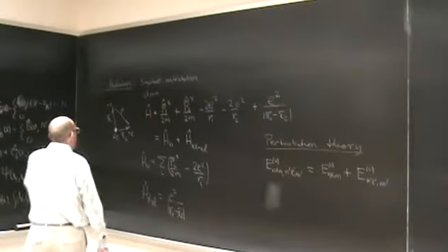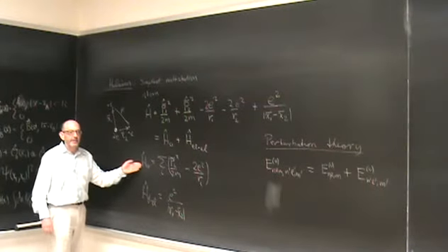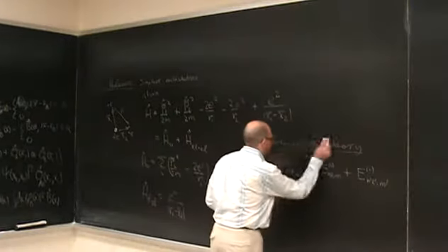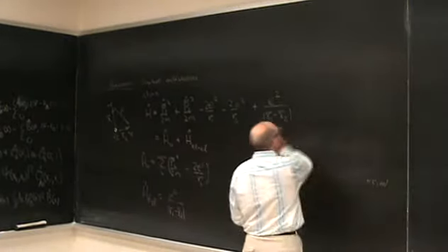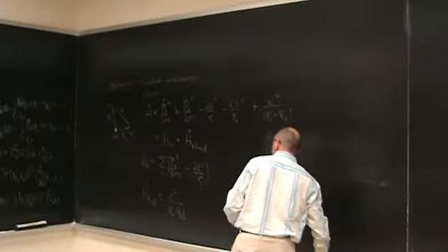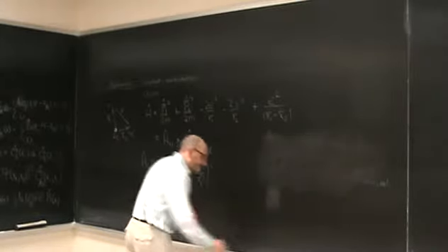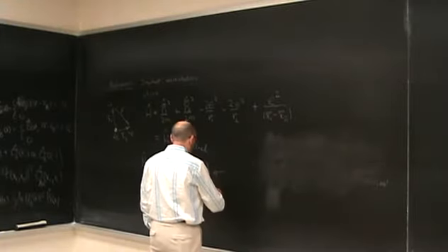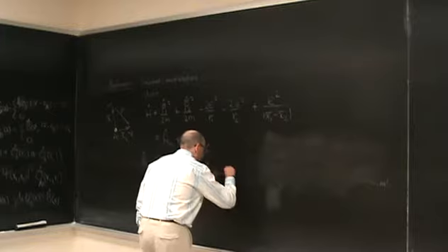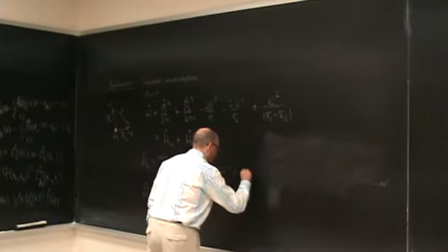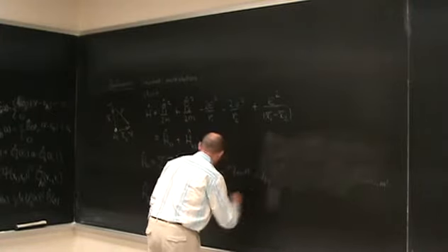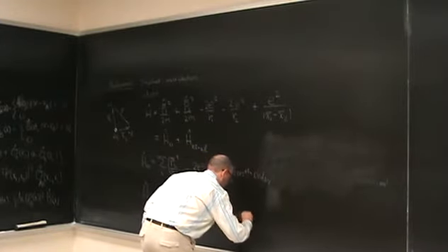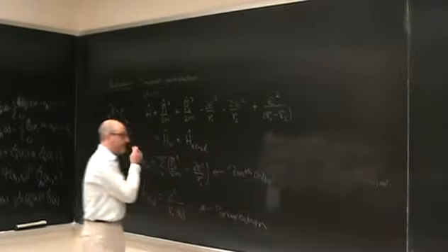So we're going to do perturbation theory here. I'm going to treat this as my 0th order Hamiltonian, and this as a perturbation. So what can we say about the zeroth order Hamiltonian?